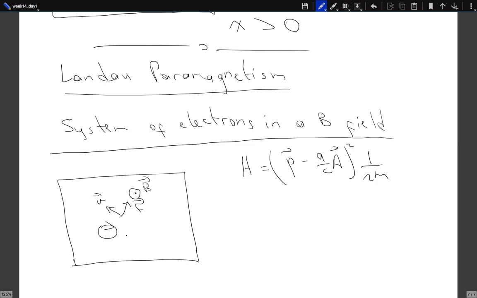Z velocity is independent of B. So the energy of the system will be pz squared over 2m plus the energy of the rotational motion, whatever that energy is. So its trajectories will be helices.